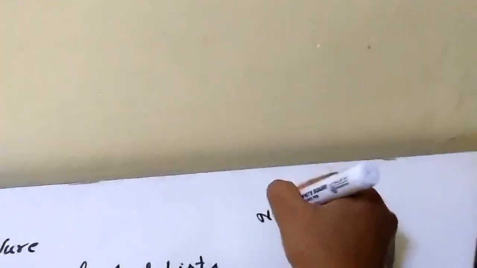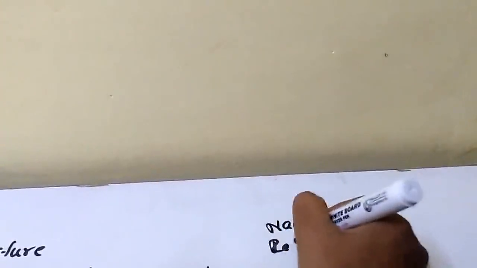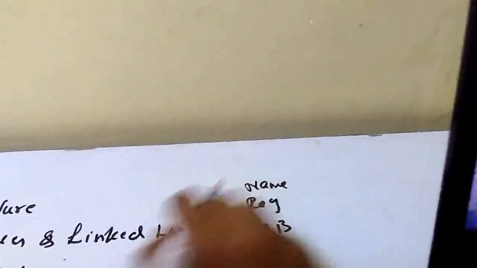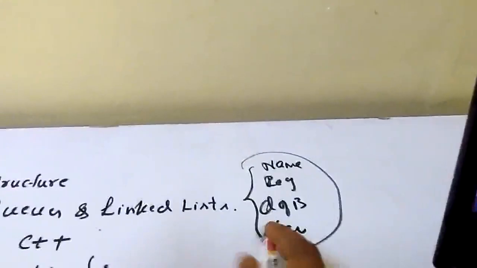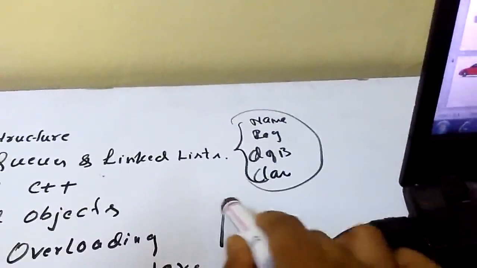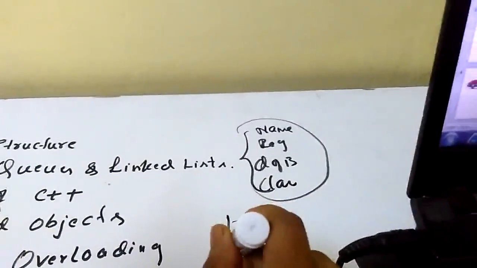For example, I want to store name, register number, date of birth, then class. These different types of data I want to store in a memory location.